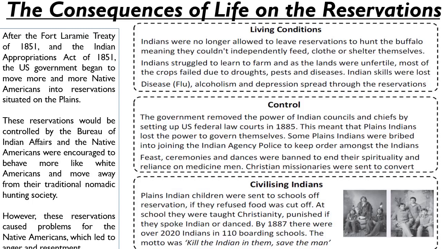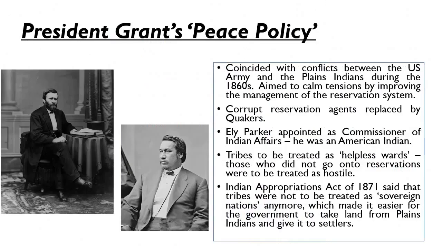And if the parents refused to send them, the food was cut off. The idea being there to kill the Indian in these children in order to save them. Again, this was a genocide. There's no other way around it. This made life obviously incredibly difficult for the Plains Indians.